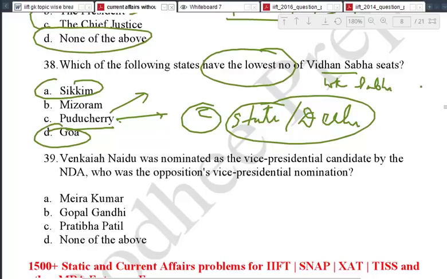They have state rights given by the constitution. So they also are states at the same time. They are two in one, yes. The answer is Pondicherry. Pondicherry has the lowest number of Vidhan Sabha seats. It's very small, yes.